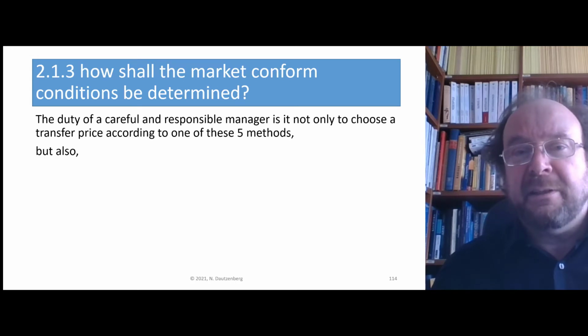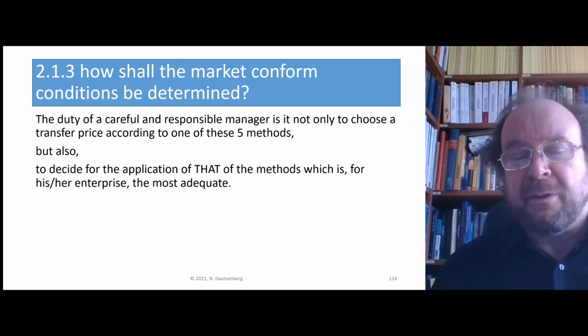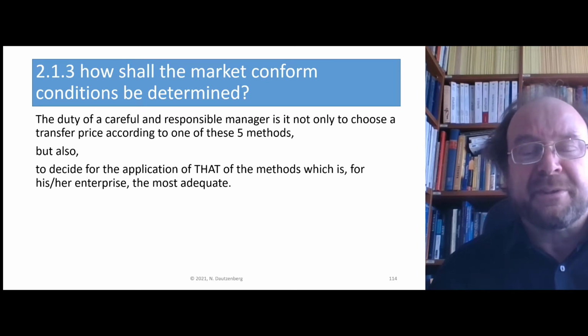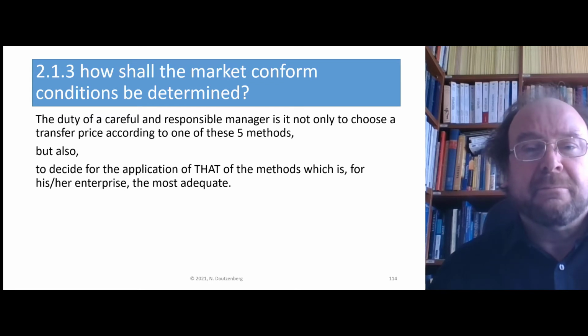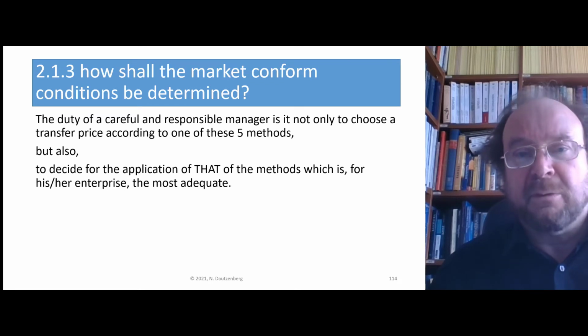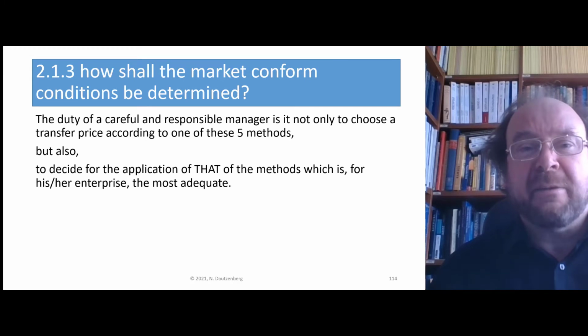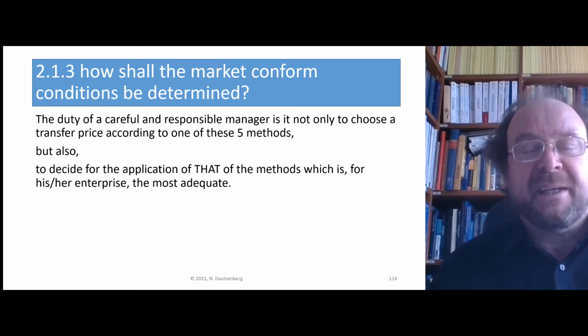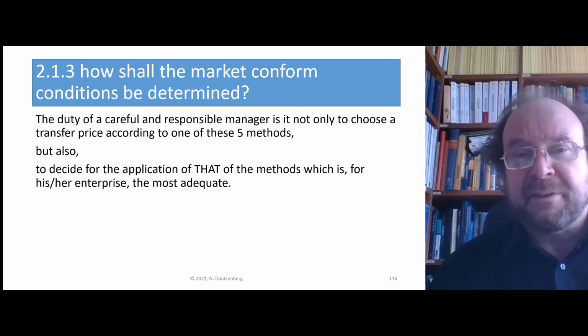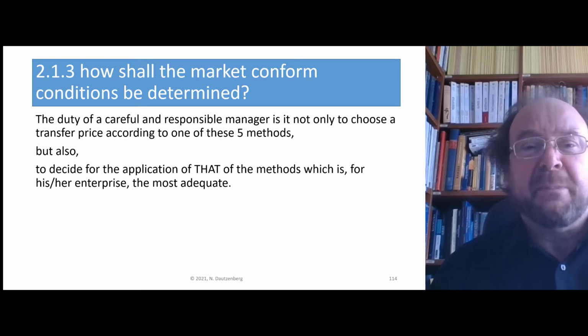And he or she or it would not just follow one of the methods, but also have some business motives in choosing the best one, or would have reasons why the method which they have chosen is regarded by them as the best of the methods available, because a careful and responsible manager would try to maximize the profit.